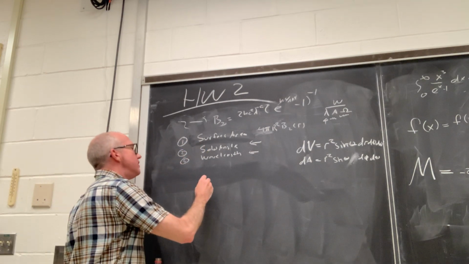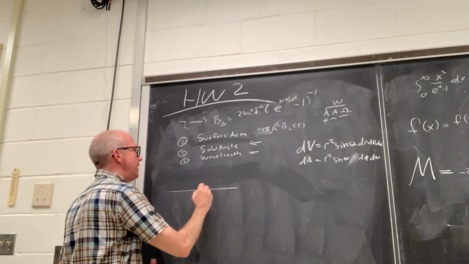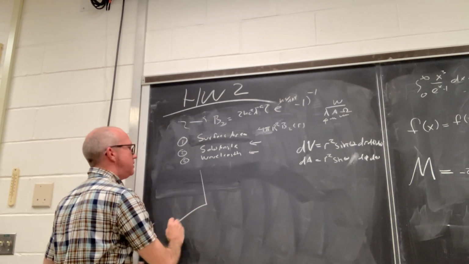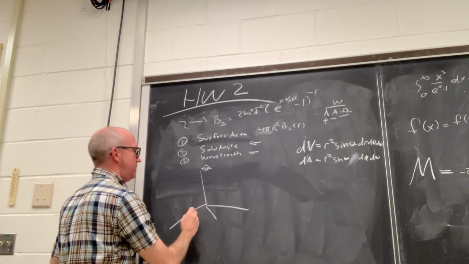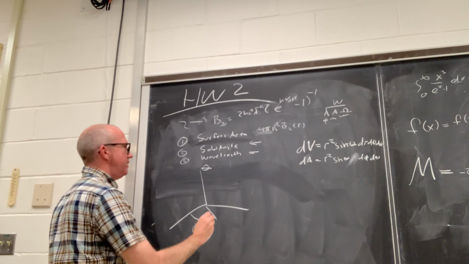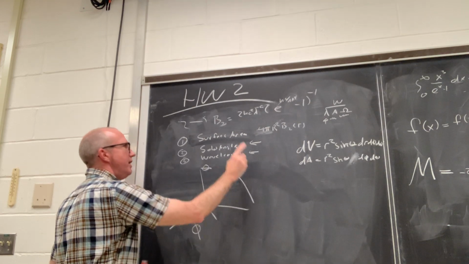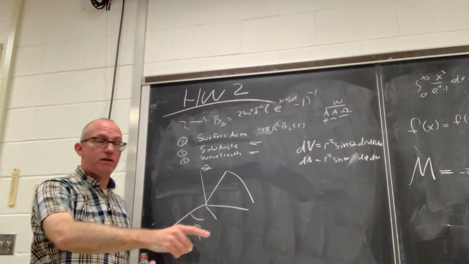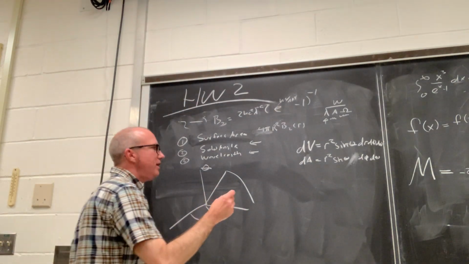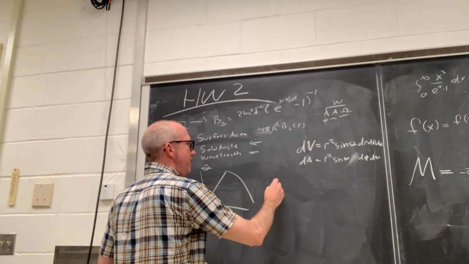The solid angle integral, we have a similar thing. We've got theta, phi, and now we're integrating over the whole solid angle. The only difference is we pick up an extra sine.